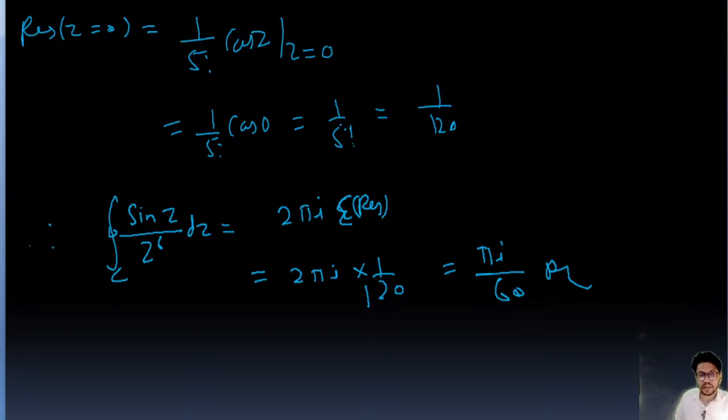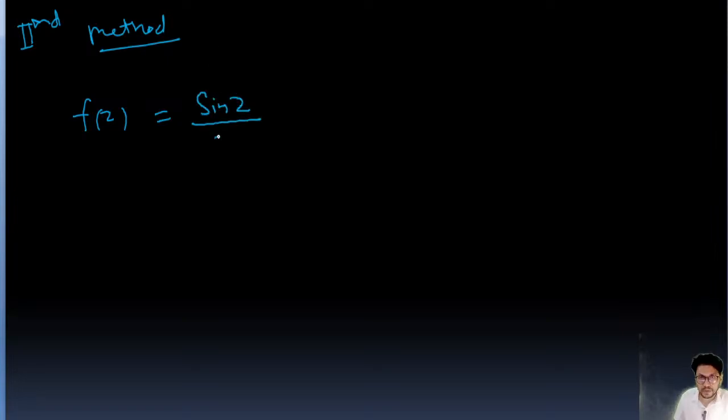Okay. Second method, I'm also going to solve it by the second method. We have been given f(z), that is sin z upon z to the power 6.